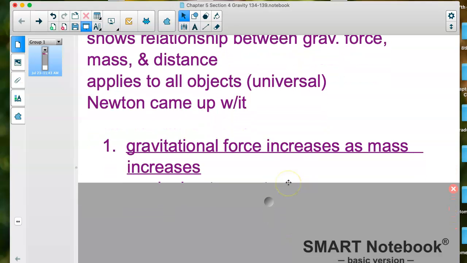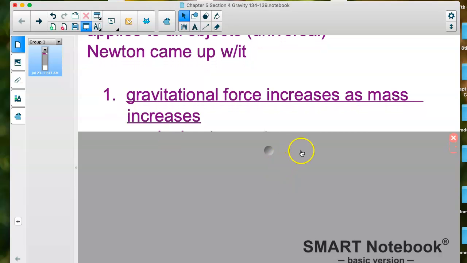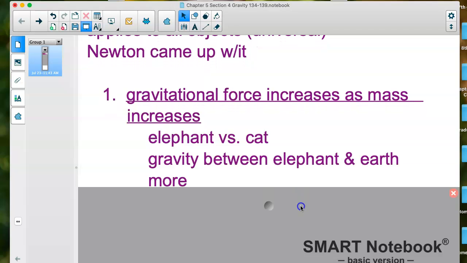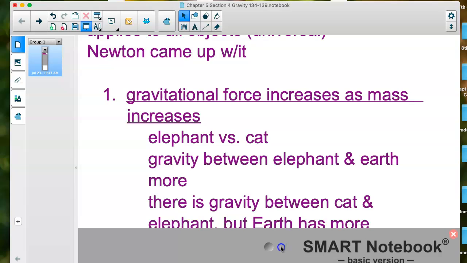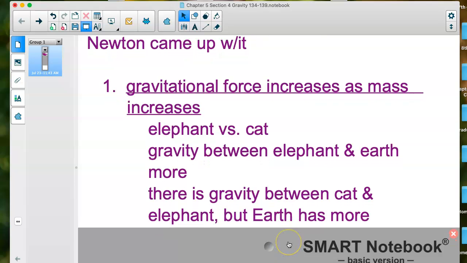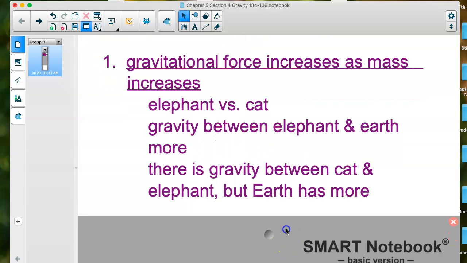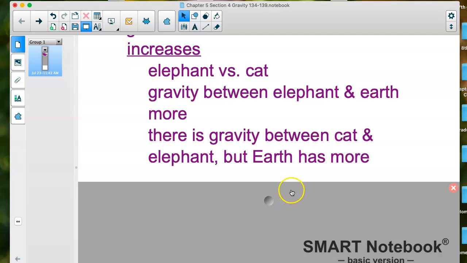So here are his two rules, which should make sense to us, right? Gravitational force increases as mass increases. We have the example of the elephant and the cat, which I'm using. Gravity between the elephant and the Earth is more, and the gravity between the cat and elephant obviously is not going to be as strong as the Earth and the elephant.